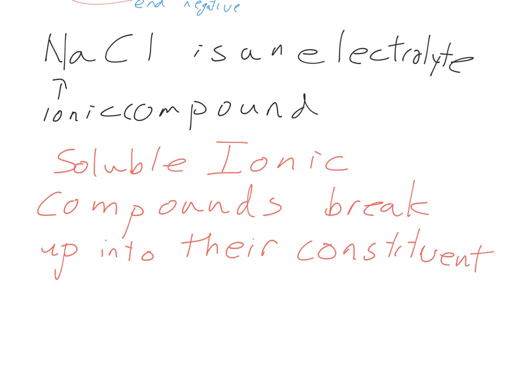Soluble ionic compounds break up into their constituent ions in water. In other words, when you place sodium chloride in water, it breaks up into the sodium ion and the chloride ion. You need to be able to write the solubility equation for an ionic compound dissolving in water.